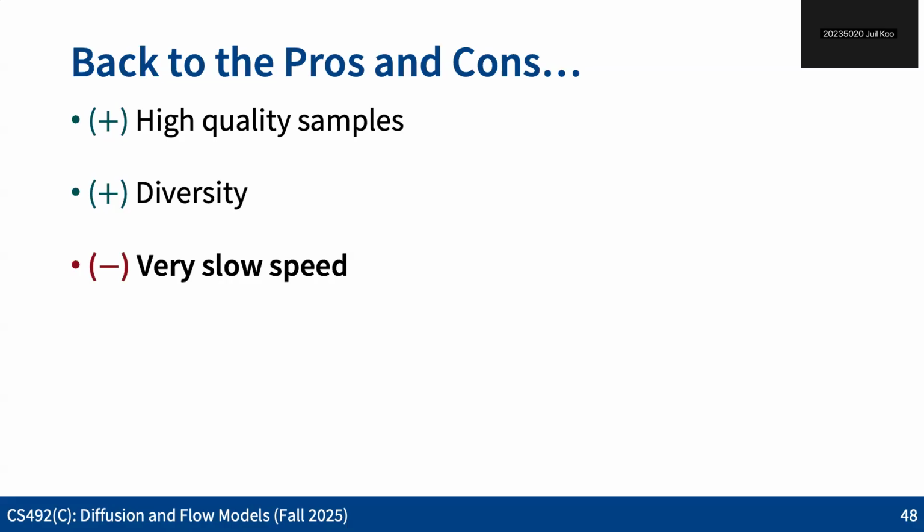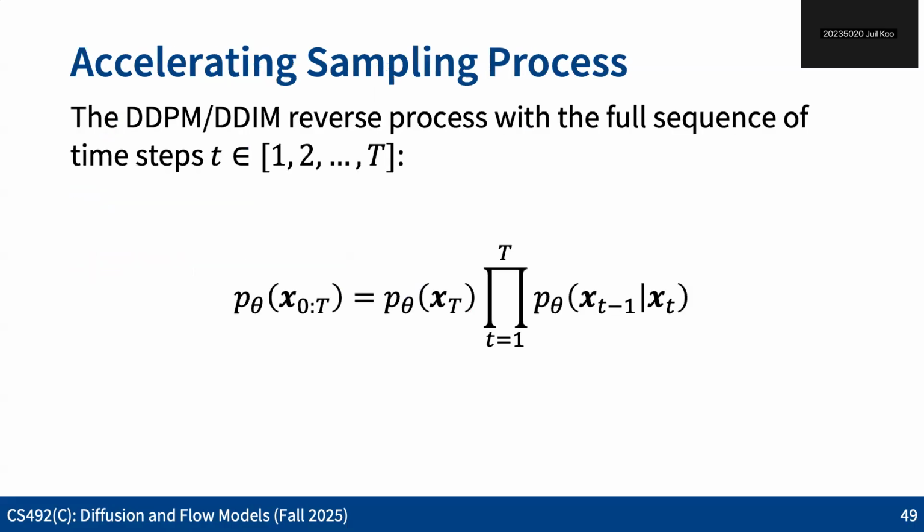So we are talking about the slow speed of the diffusion models, right? How are we going to reduce the time steps while maintaining the quality of the outputs? We can consider skipping some of the time steps.